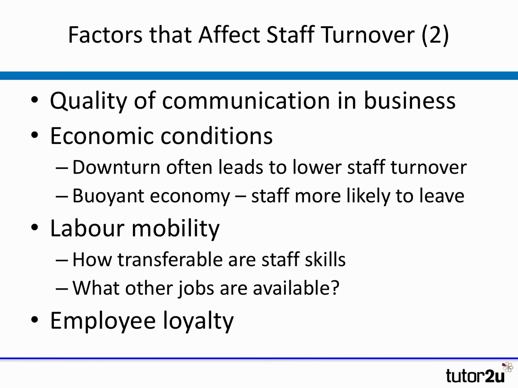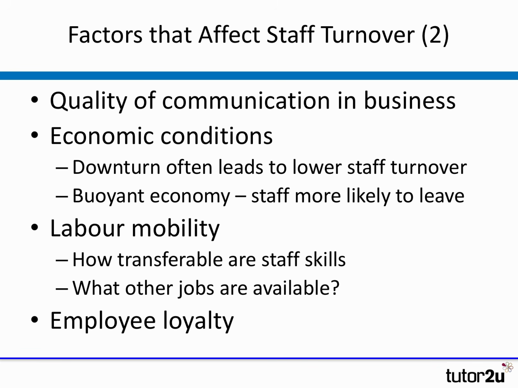Let's look at a couple more factors from the list there. You can read them yourself, but let's pick out the second one down there, economic conditions. Now, it's often the case that when there is an economic downturn and demand in the economy falls and perhaps unemployment rises, that's often a circumstance where staff turnover falls across the economy and across industries.